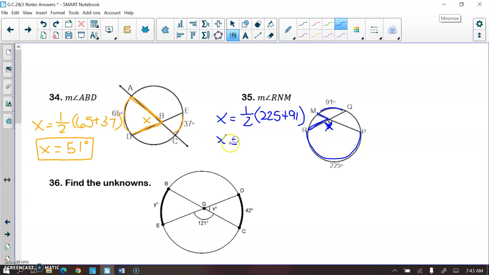So X would be equal to 225 plus 91 times 1/2, or divided by 2, is 158. Now, these two angles create a straight line. So to find the measure of angle R and M, I would just do 180 minus that 158 to get our angle measure, which is 22 degrees.